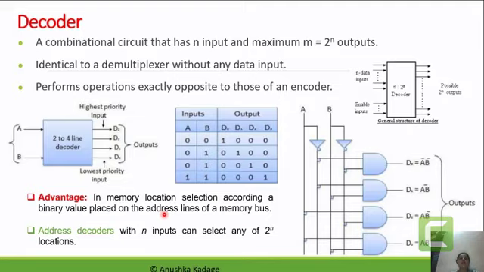That means memory location selection is done according to the binary value placed on the address lines of the memory bus. These address decoders have n inputs, which can select 2 raised to n locations out of the whole number of address locations available for that memory.